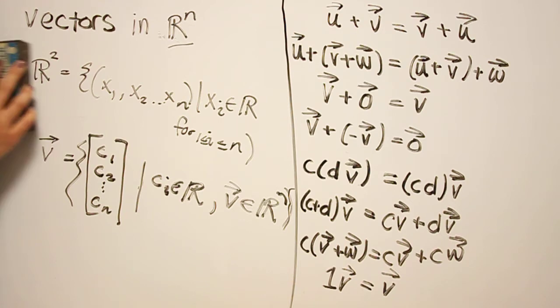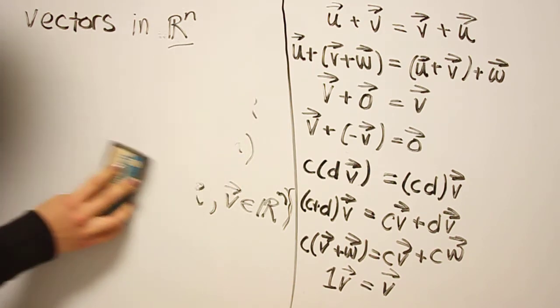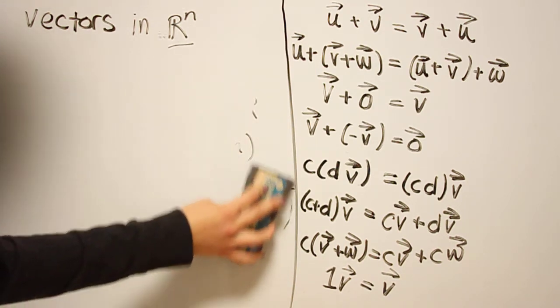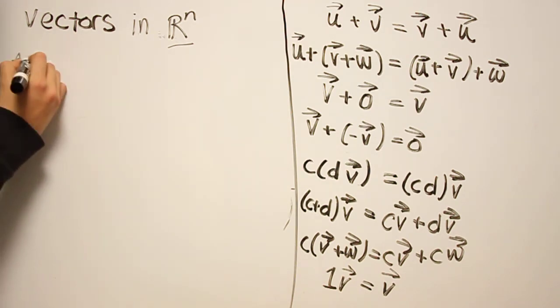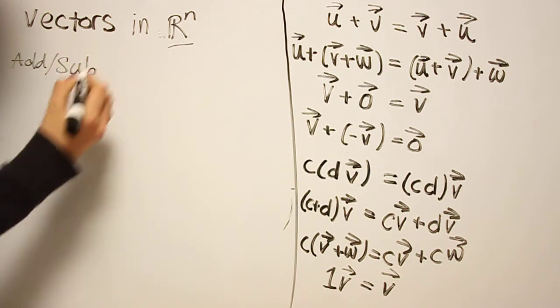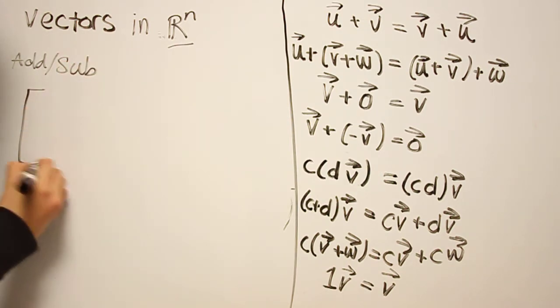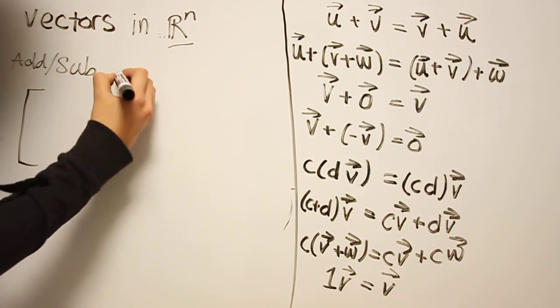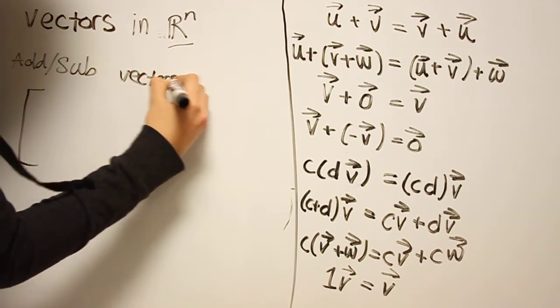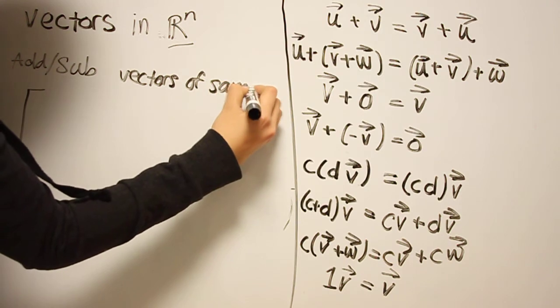Okay, so let's get down to some properties of vectors. We can add them, we can do scalar multiplication and so forth. So let's take a look at that. Addition and subtraction is very simple for vectors. We simply remember that we can only add vectors of the same dimension.